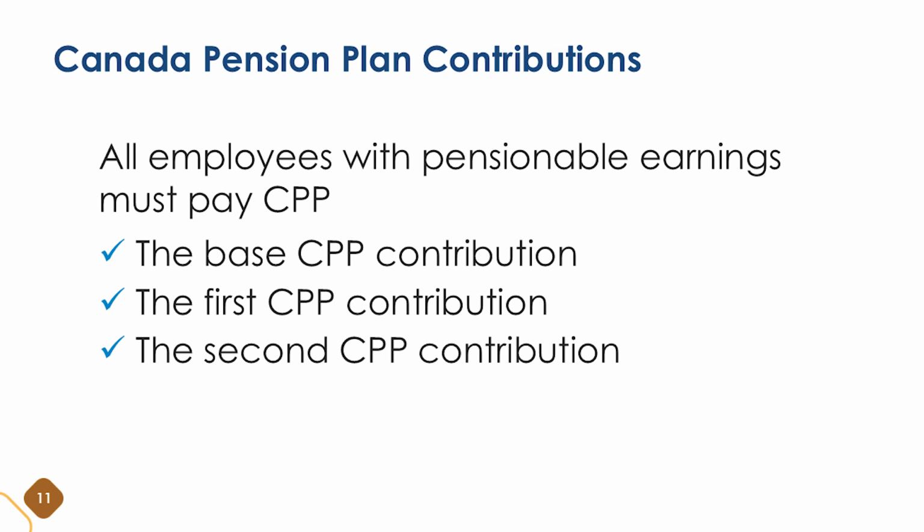There are 3 different contribution rates. For earnings up to the year's maximum pensionable earnings, the base CPP contribution, the first additional CPP contribution. For earnings above the year's maximum pensionable earnings and up to the year's additional maximum pensionable earnings, the second additional CPP contribution.